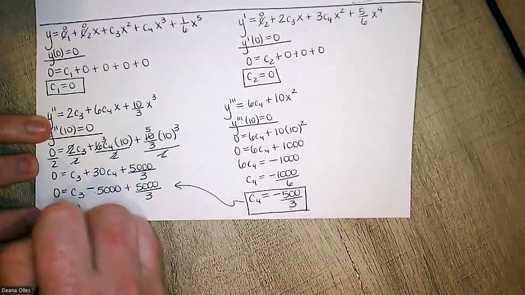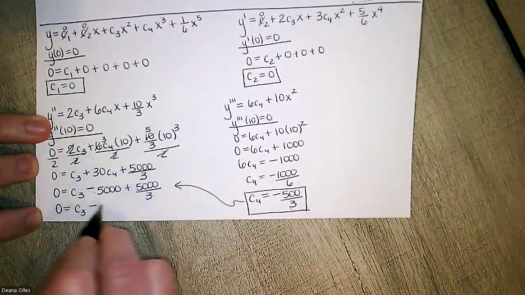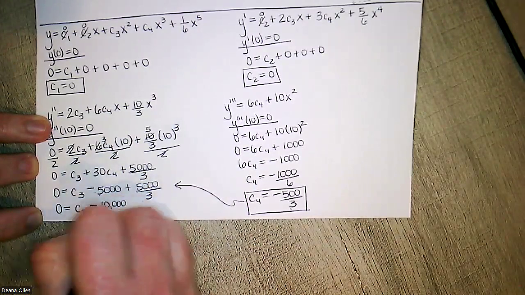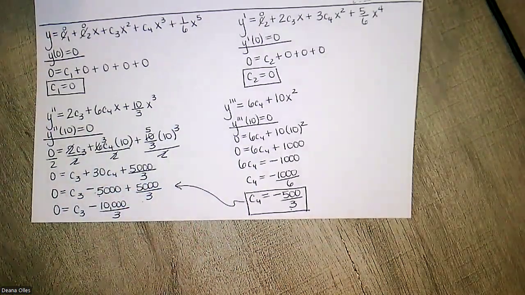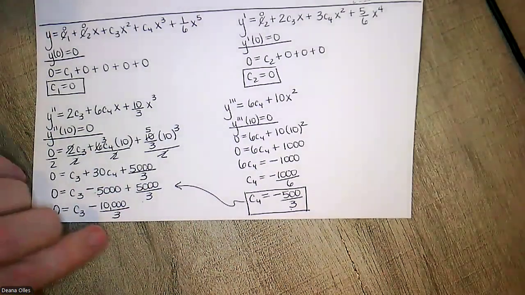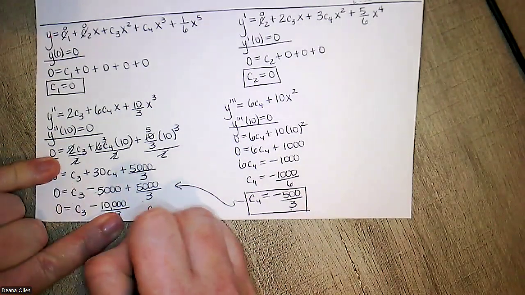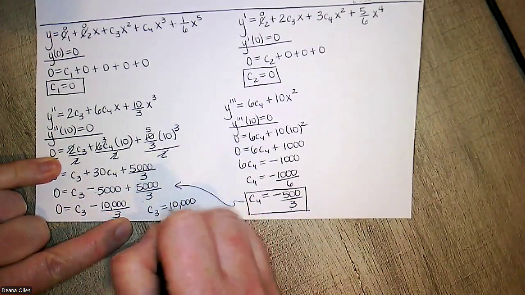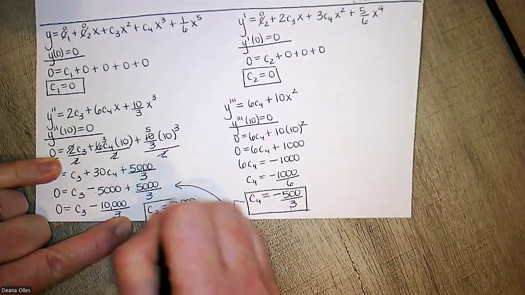So 0 equals C3 minus 2 times 5 is 10,000 over 3. You know what, I don't want to waste another piece of paper. Let's just squeeze it right here. C3 equals 10,000 over 3.